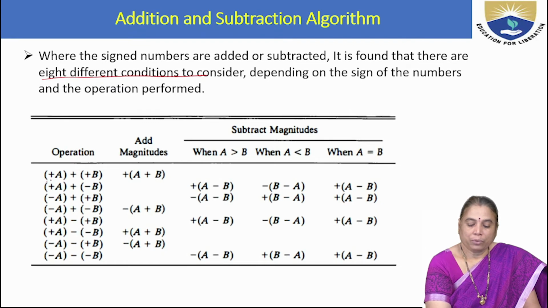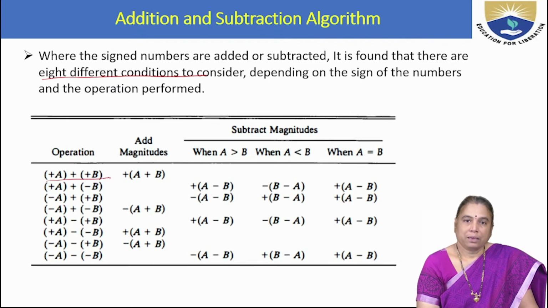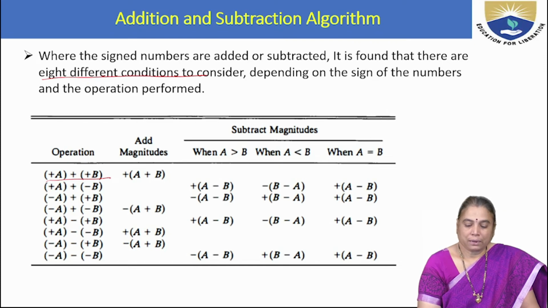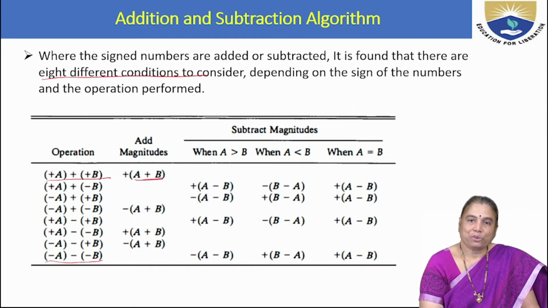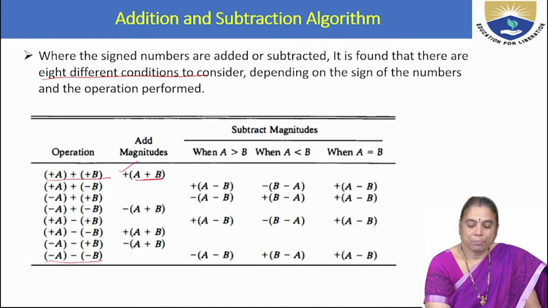When both numbers have the same sign, that is plus A plus B, or minus A minus B, then in the case of plus A plus B, add the magnitudes of A and B and the result has the plus sign. In the case of plus A minus B, we have to check which number is greater.